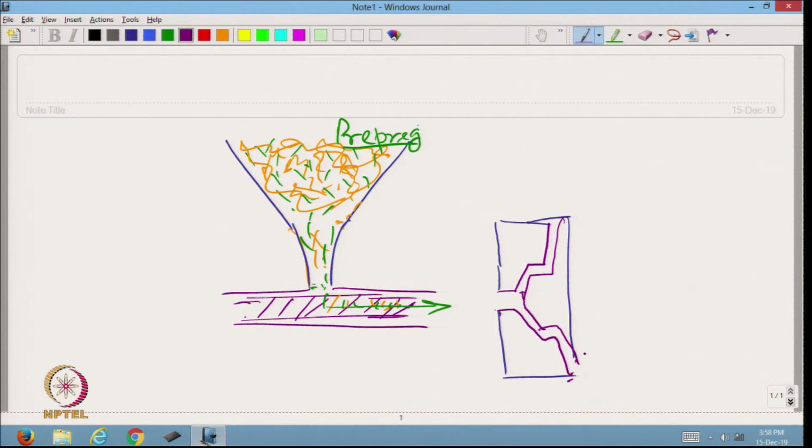So, this is the final shape we require. So, here due to the screw arrangement, this prepreg will be pumped inside the mold.